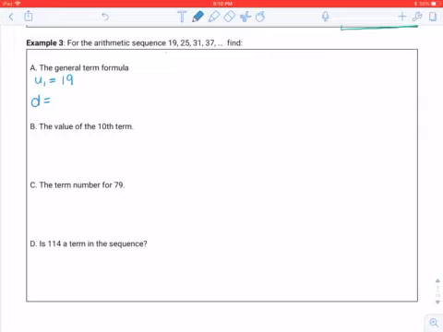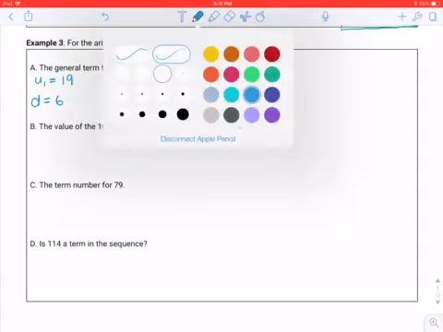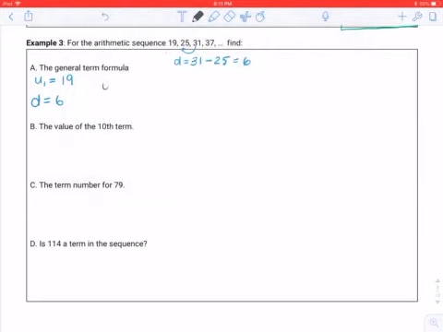So I can pick two of those terms, maybe 31 and 25. My common difference is going to be 31 minus the term before it, 25, which gives me a common difference of 6. So remember, the general term formula is un equals u1 plus n minus 1 times d.